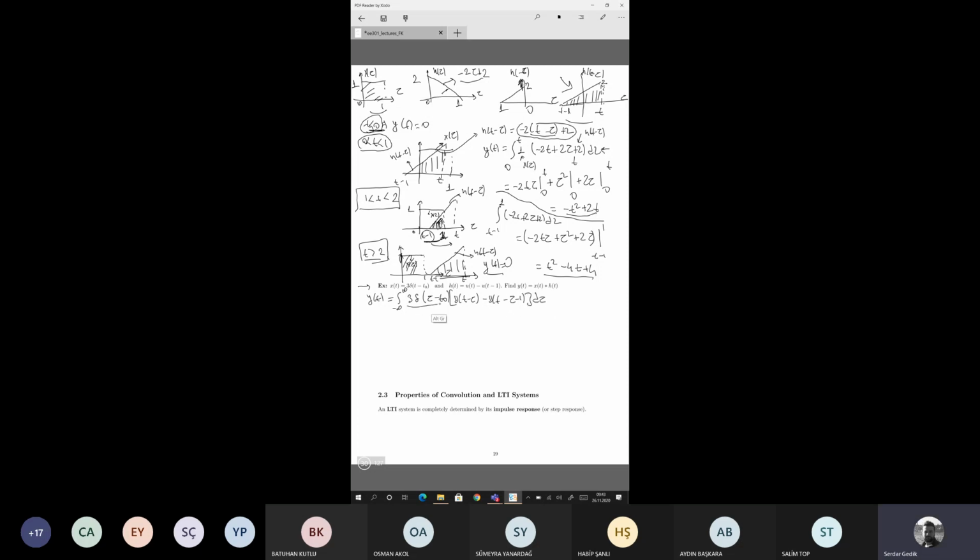The first term is x of tau, and the second term is h of t minus tau. So instead of t here, I simply put t minus tau.